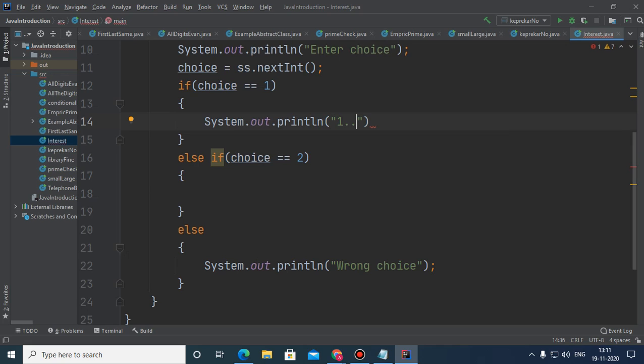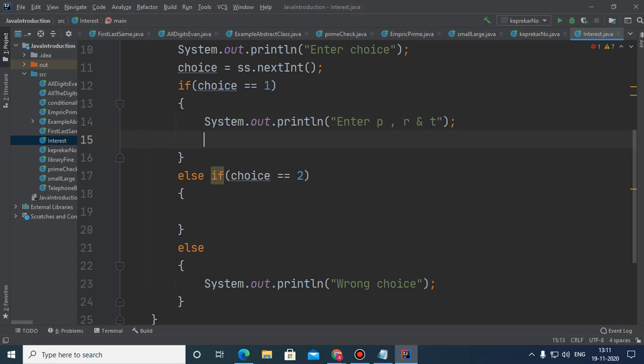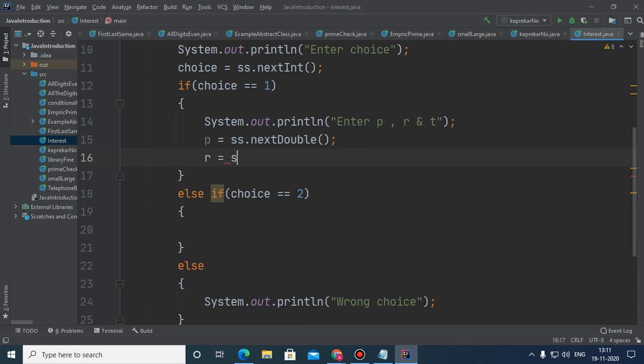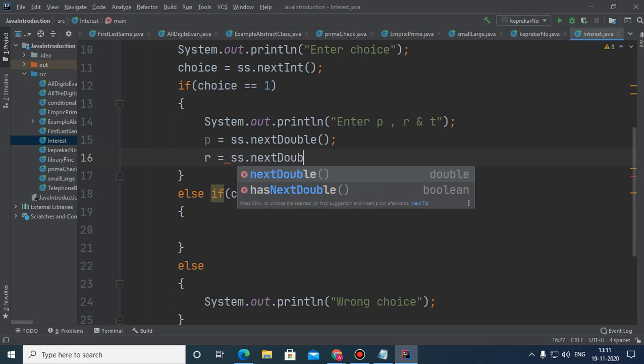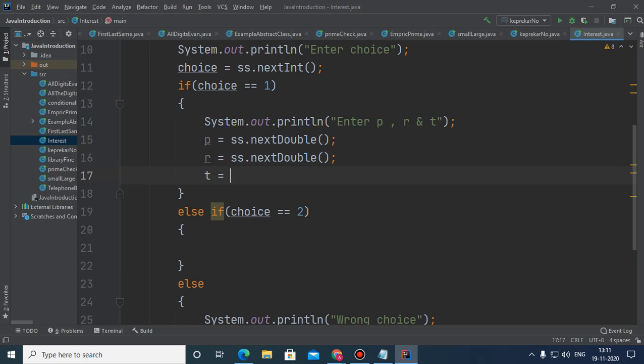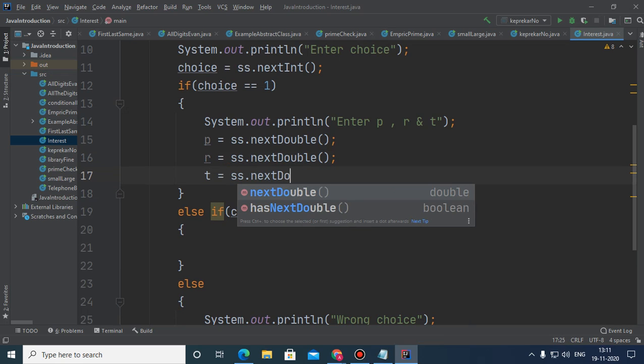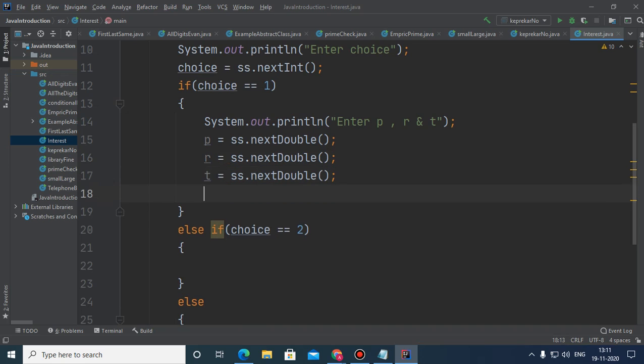Choice 1: enter P, R and T. So P is ss.nextDouble, then R is ss.nextDouble and T is ss.nextDouble.